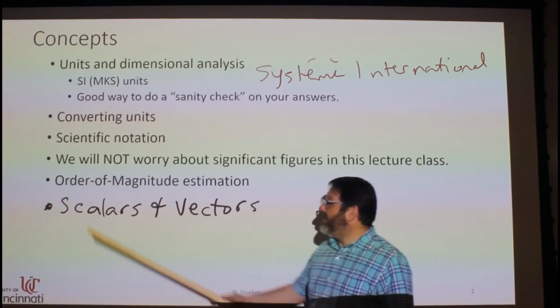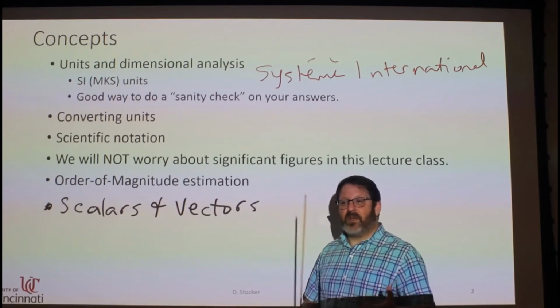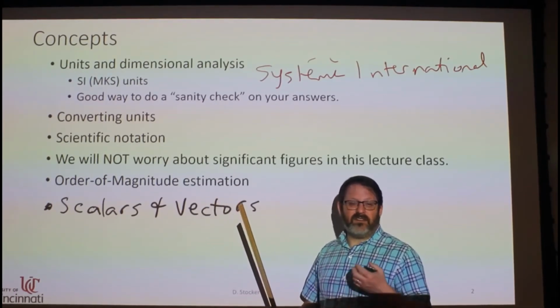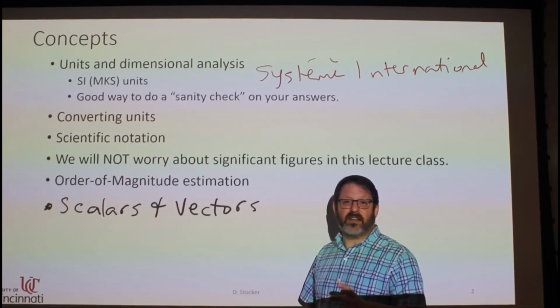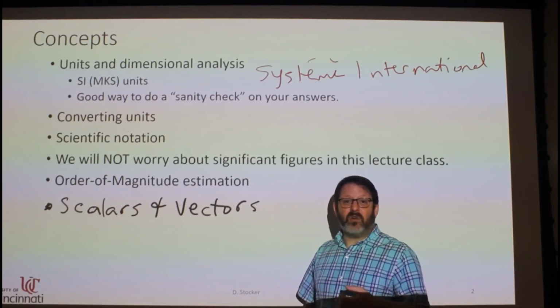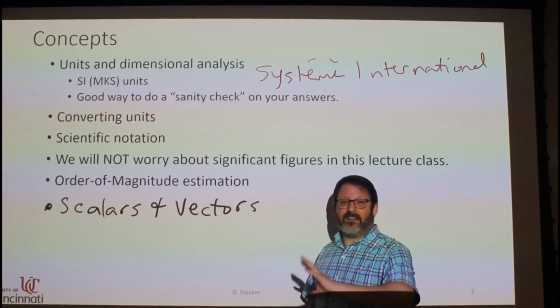We'll also look at order of magnitude estimation. It's almost like a guess, but it's an educated guess when you don't need to know the exact right answer for something, but you want to make sure you're close to the right answer. So you can use this in life to estimate something quickly, or you can use it in a physics problem or any other kind of problem just by getting to the final answer.